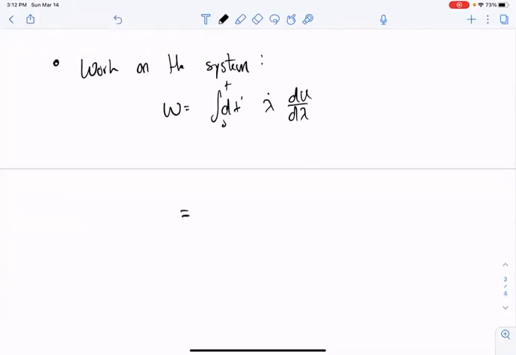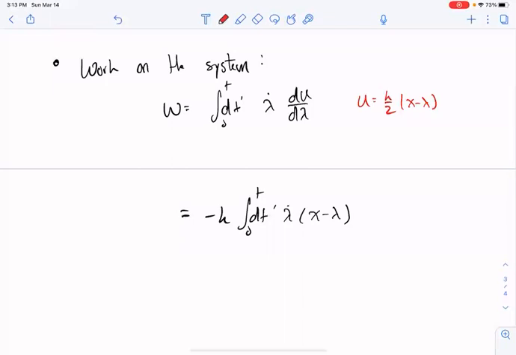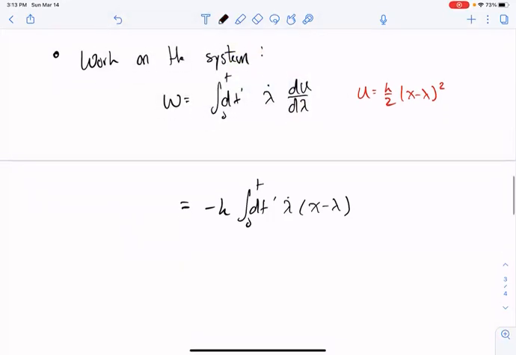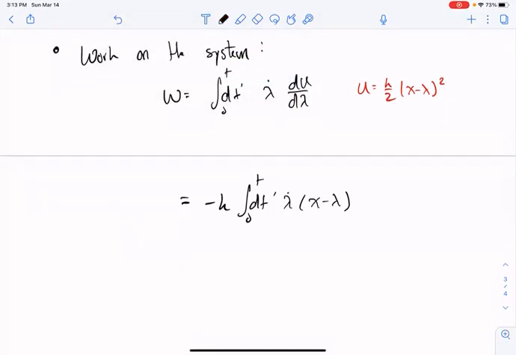Explicitly evaluating that derivative, we get minus k lambda dot and x less lambda, remembering that u was k over 2, x less lambda quantity squared. It's worth rewriting this in a slightly telling way.